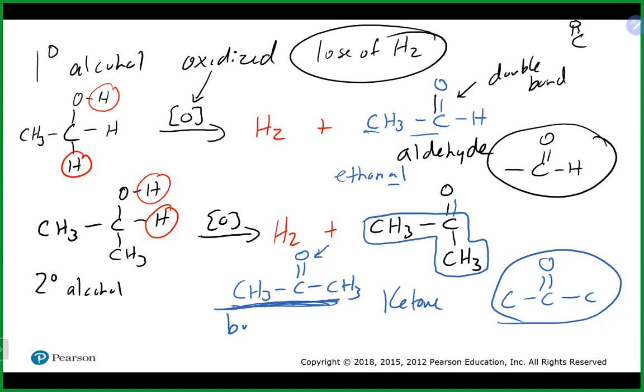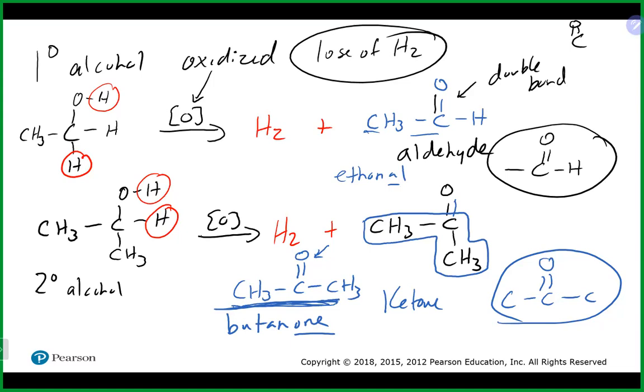This is what is known as butanone, O-N-E. It's how you name ketones. You put O-N-E at the end of it. So that is butanone as well. You do have to give the location of the carbon-oxygen double bond starting at around 5 carbons, but other than that, it's the same thing.